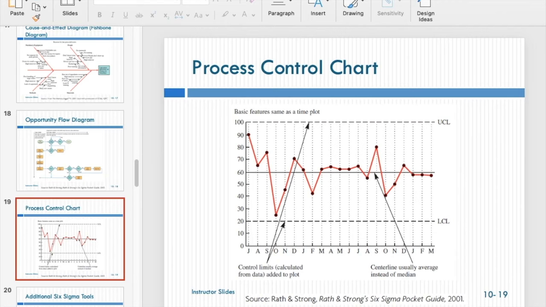If we design the upper and lower control limits and every dot is within this range, it means that on average, the thing you are measuring is acceptable. If one dot is above the upper control limit or below the lower control limit, that's not good. That's very intuitive. Here is a good thing.